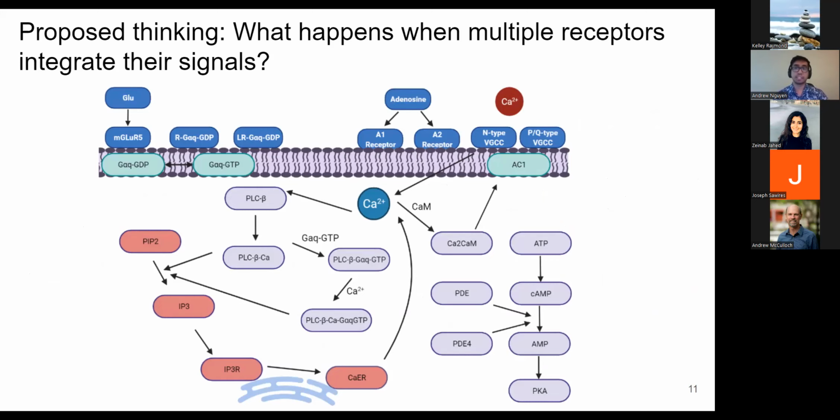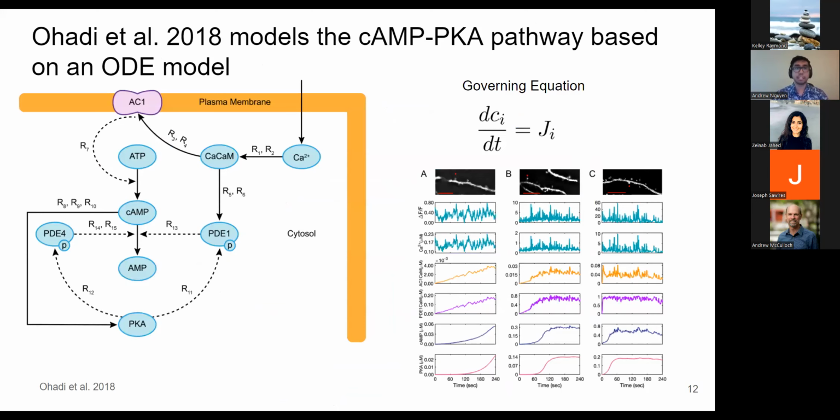And so basically the schematic is based on 3 models that I've come across in my literature search. The first one I will focus on is the cyclic AMP and PKA pathway. This is based on the Ohadi model in 2018, by Dr. Jahed, who is a previous postdoc in our lab.